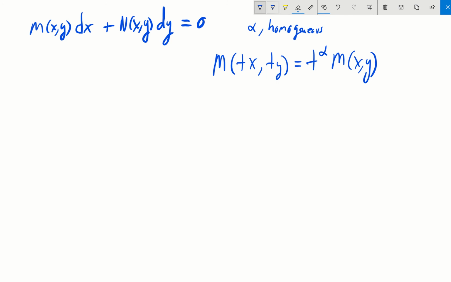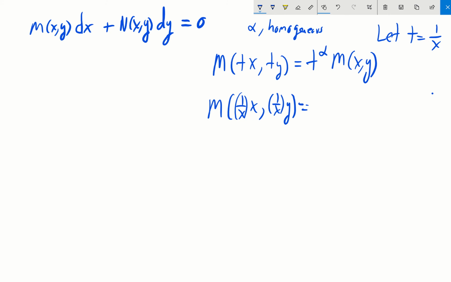And let's let t equal 1 over x. Let's see what that would give us. If I replace t with 1 over x, I'm going to get m of 1 over x times x, comma, 1 over x times y, which will be equal to 1 over x raised to the alpha times m of x comma y.